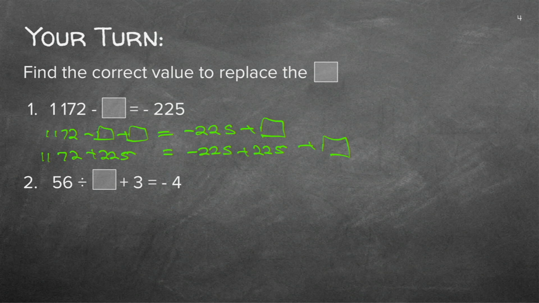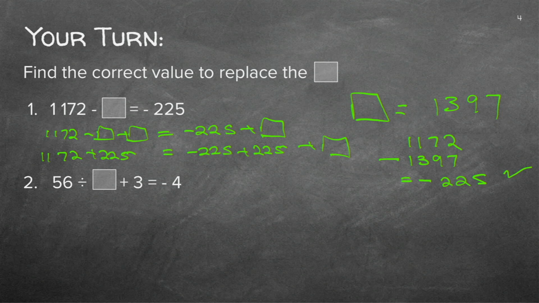So here we've got the value, the block, then equals 1,397. And if you want to check your answer, you're going to see that 1172 minus 1397 will give you minus 225.